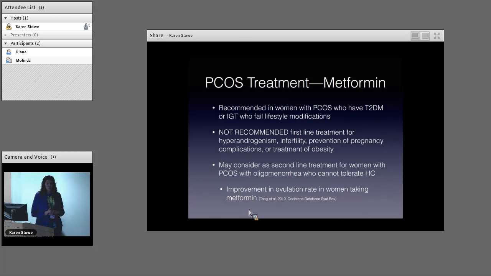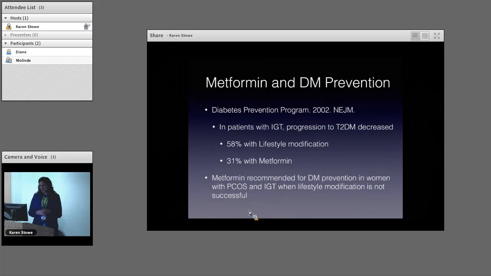If the treatment with hormonal contraception is not effective at treating the hyperandrogenism, there are anti-androgens available. Spironolactone is the most common. There are other inhibitors of 5-alpha reductase and competitive antagonists that are used in the treatment of prostate cancer.